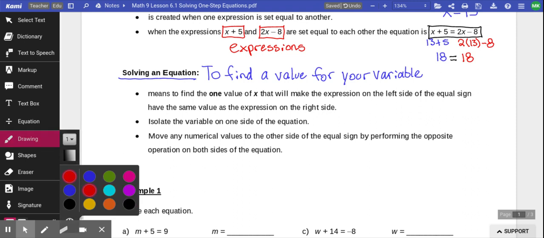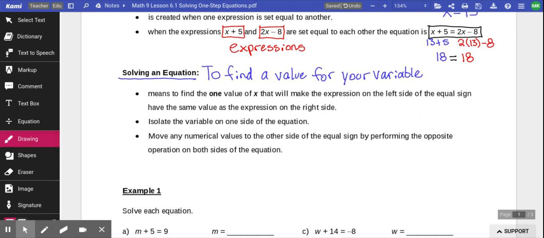The way that we do that is by getting a variable by itself. The proper terminology is isolating the variable on one side of the equation. The phrase that I like to use is get x, or whatever letter we're using, by itself. It means the same thing.